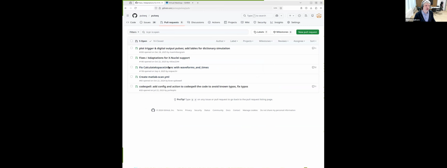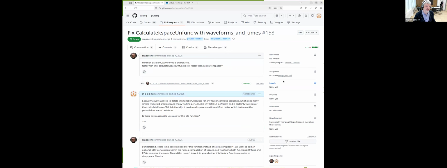We have another one where I think it was Matteo, right? No, somebody else, proposing to fix this old case-based calculation function, but actually I was planning to drop and remove it, so that's why I didn't accept it up to now.